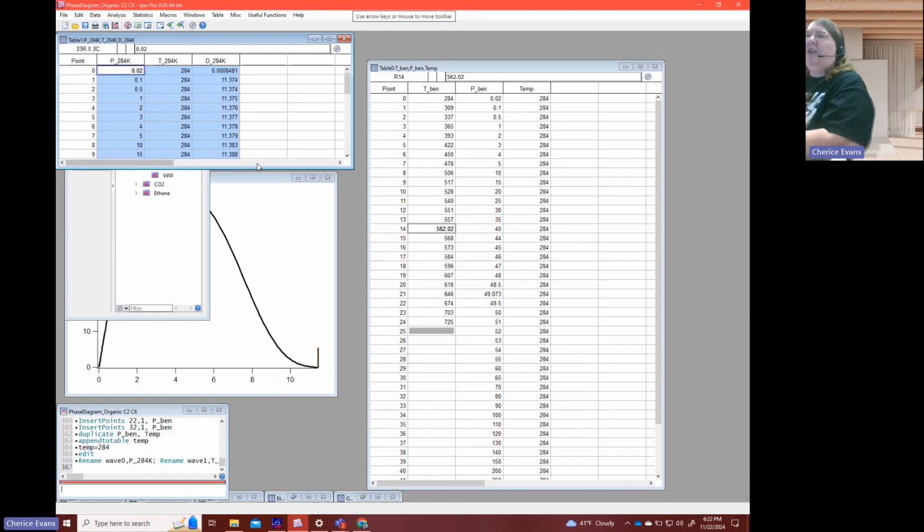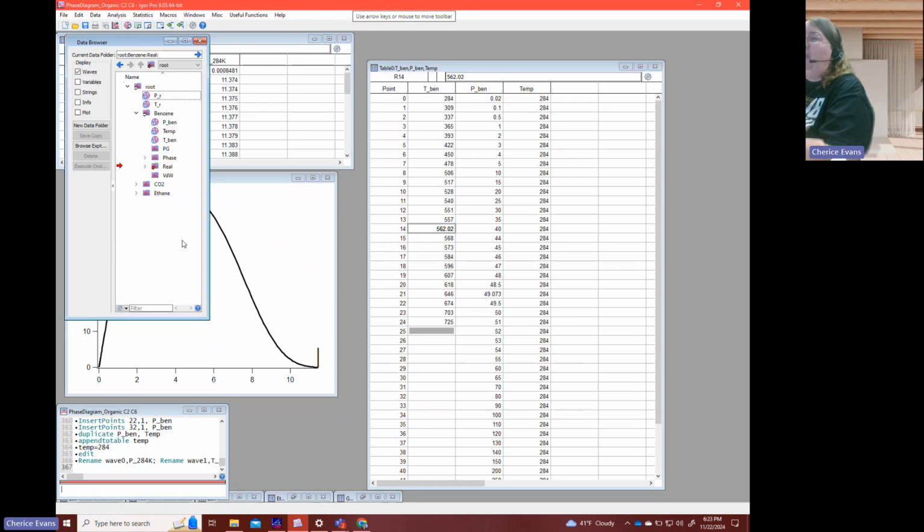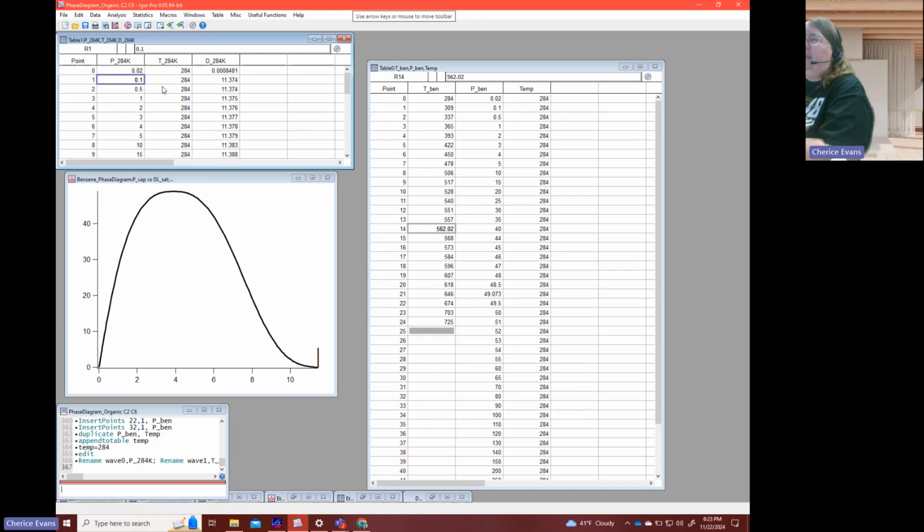Now the final thing you'll notice is I have a real big density change between 0.02 and 0.1. And that's because I'm at a temperature below the critical temperature. And that means that I am at a place where I'm going to hit that two-phase region.